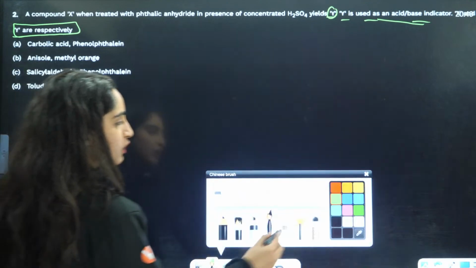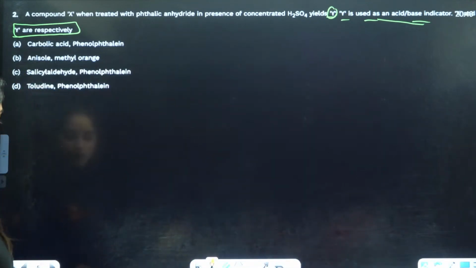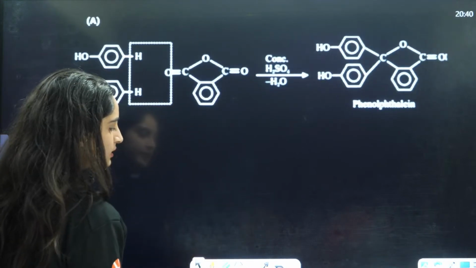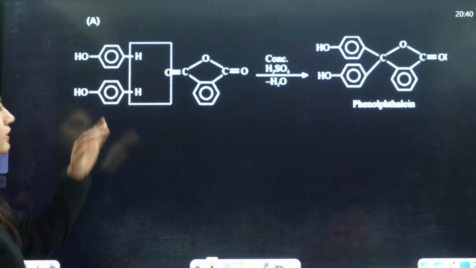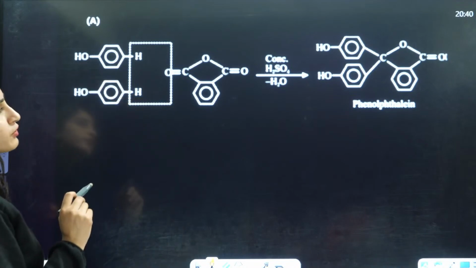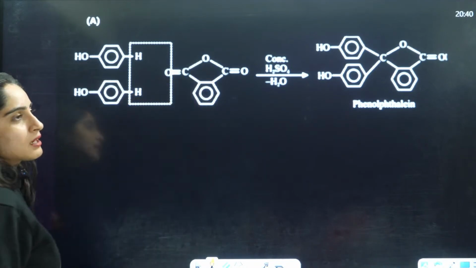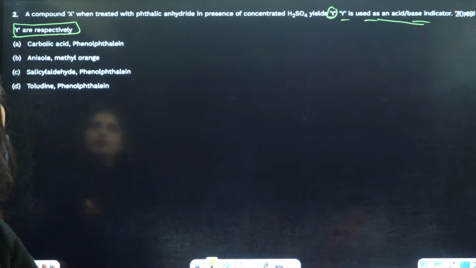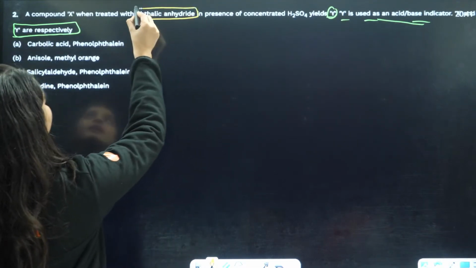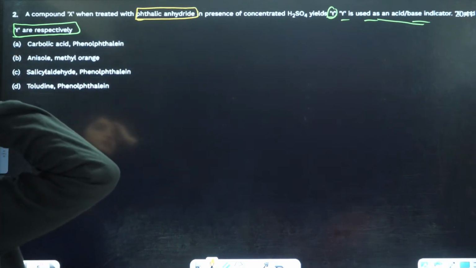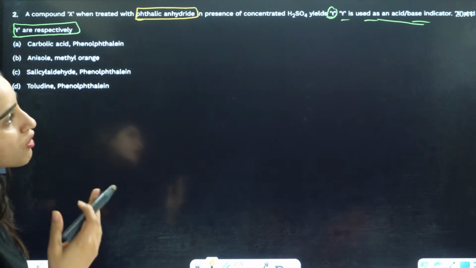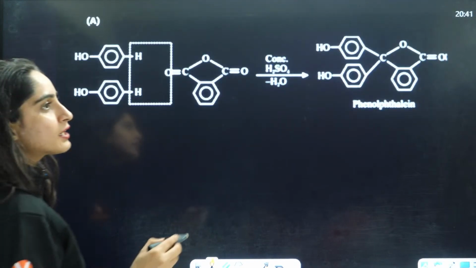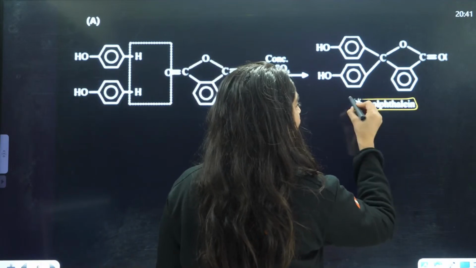Chalo. If this question is new for you, let me tell you what reaction is happening here. You have phenol and phthalic anhydride. Compound X is treated with this in presence of this and yields Y, which is used as an acid base indicator, and that is phenolphthalein.